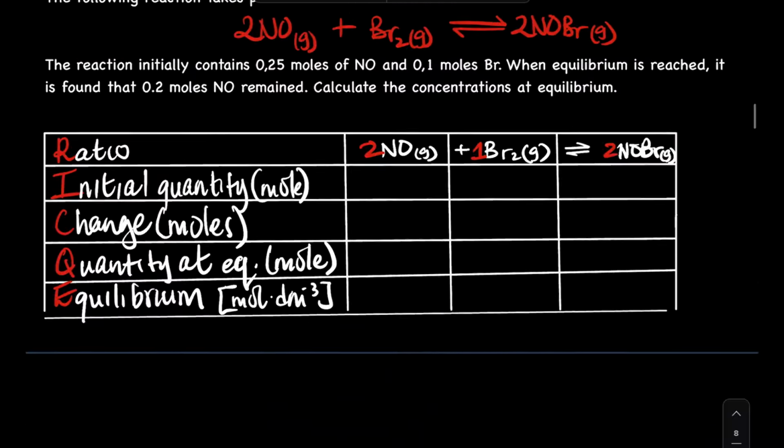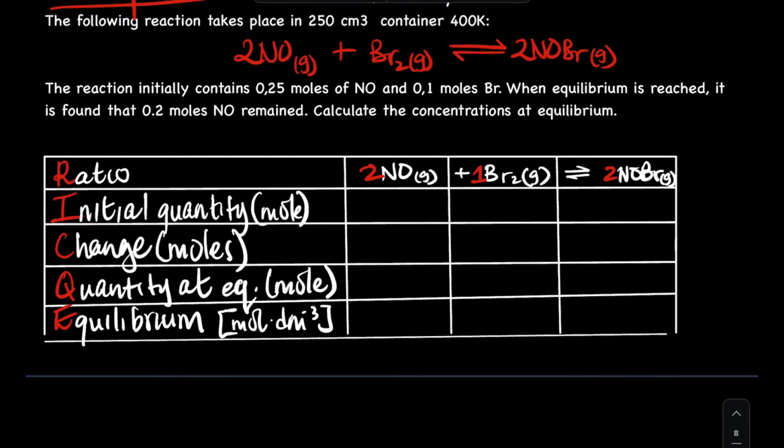Right, guys. Even though they did not ask for the calculation of the equilibrium constant there, they only wanted the concentrations, I'm going to continue to the equilibrium constant value. So what are we going to do now?